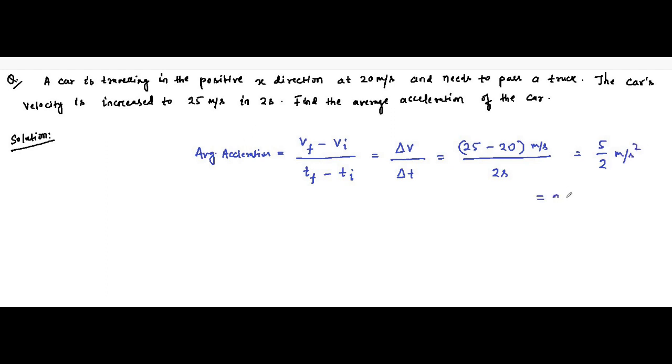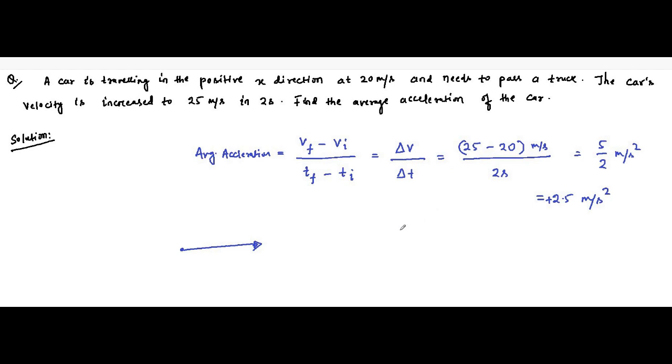So it is 2.5 meters per second squared, and it is positive because it has been given the car is traveling in the positive x direction. I have already explained the sign convention: towards the right is positive x and upward is positive y, and everything else is negative, that is towards the left and downward.